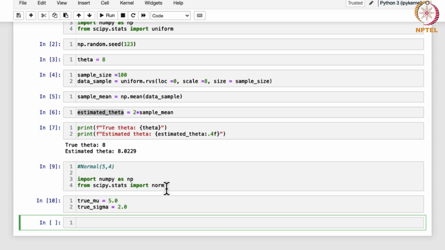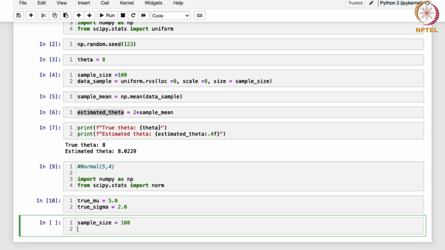Okay, now if we have to generate a random sample from this, suppose the sample size is 100, and we are storing the data in this data sample. It is going to generate random data from a normal distribution.